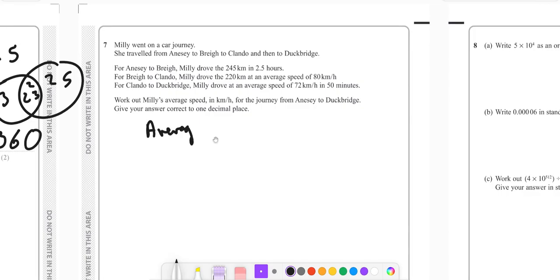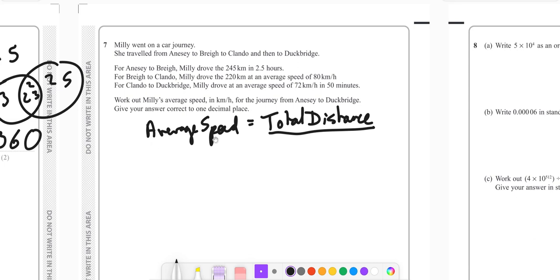Average speed is the total distance in kilometers per hour divided by the total time. So the total distance, okay, well, in this one we've got to work out the time, and in this one we've got to work out the distance.